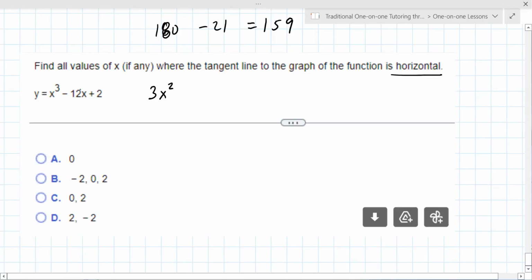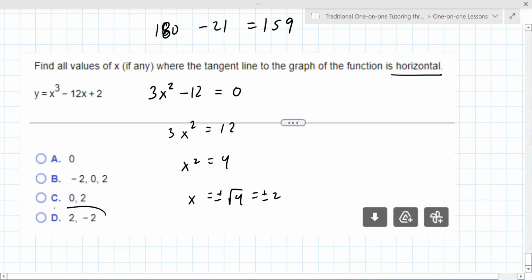Go down by 1 there, and then the derivative of a number times a variable is just the number, minus 12. The derivative of a constant is always 0, like the derivative of 2 is 0. So you set that equal to 0 and solve for x, and you find that 3x squared equals 12. So x squared equals 4 because you're dividing by 3. So x equals plus or minus the square root of 4, which is plus or minus 2. And they're both possibilities.